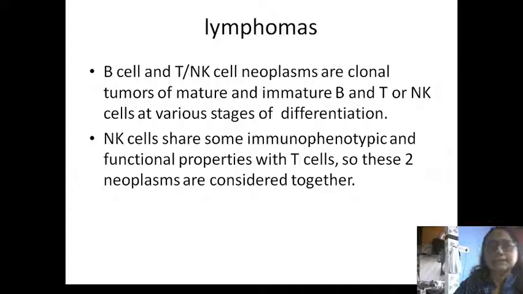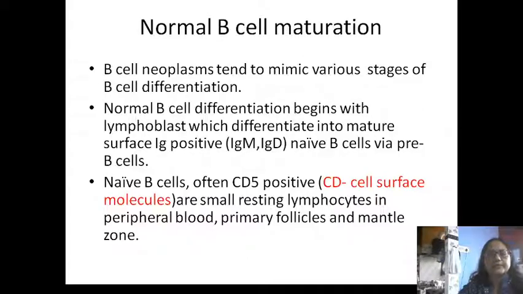See, this I have discussed previously, that they arise from one particular stage of maturation of B or T cells. Now NK cells share some immunophenotypic and functional properties with T cells, so these two neoplasms are considered together.